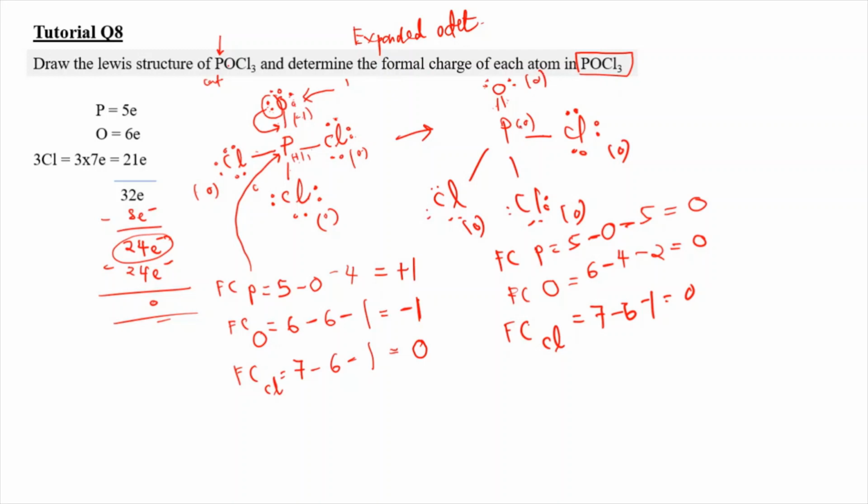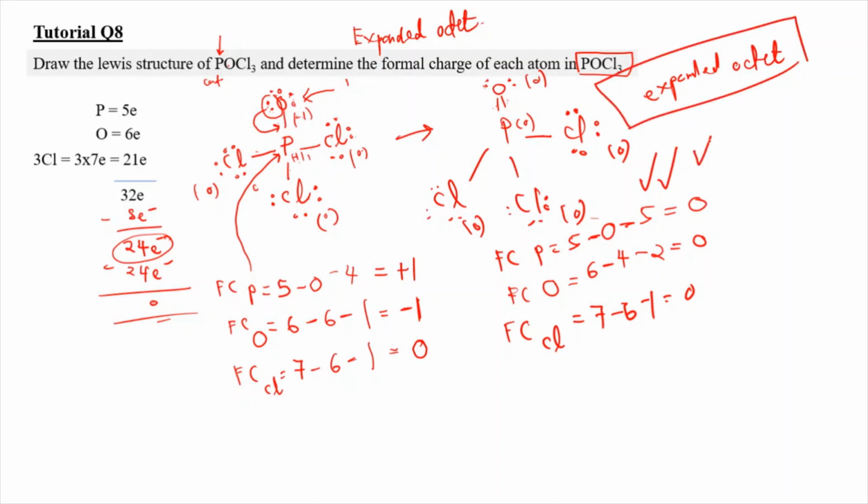So 0, 0, 0, 0, 0. So this is the most stable structure, and it forms an expanded octet. This is how we draw the Lewis structure of POCl3, which has a double bond, and we have also written the formal charge of all the atoms present in POCl3.